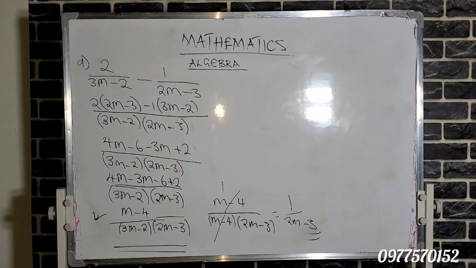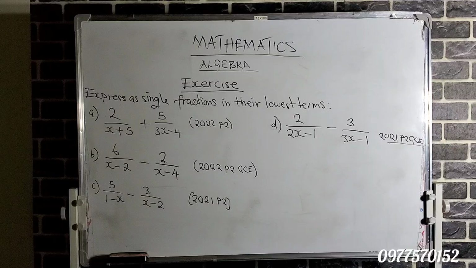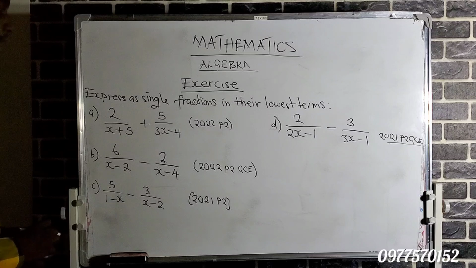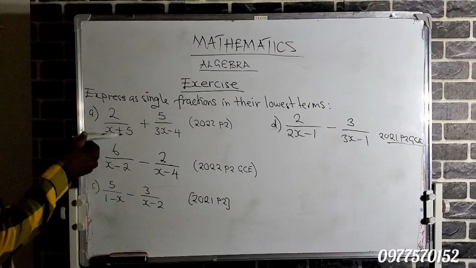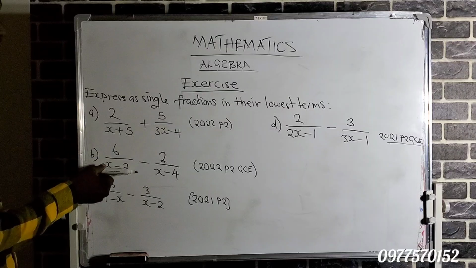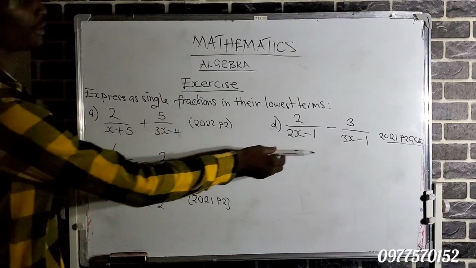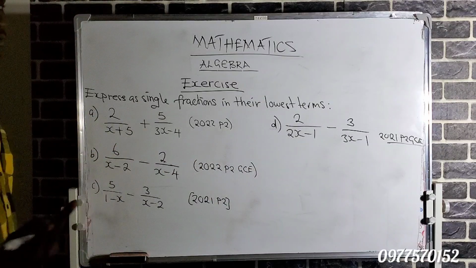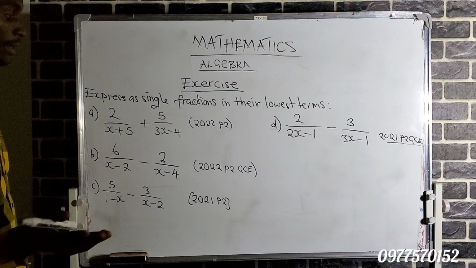Let's go to the exercise. This is your work. You've just been given 4 questions from 4 examinations: from 2022 internal, 2022 GCE, 2021 internal, and 2021 GCE. So just look at two years.